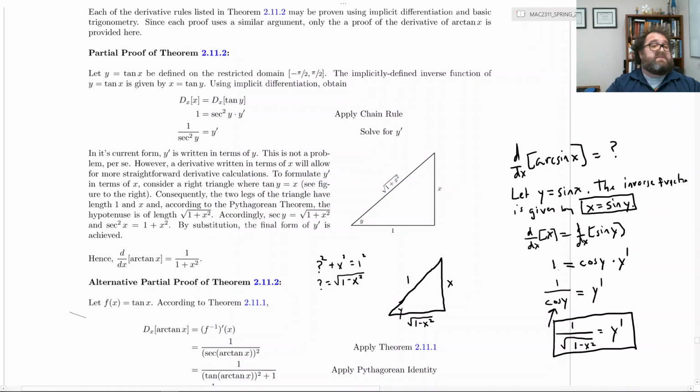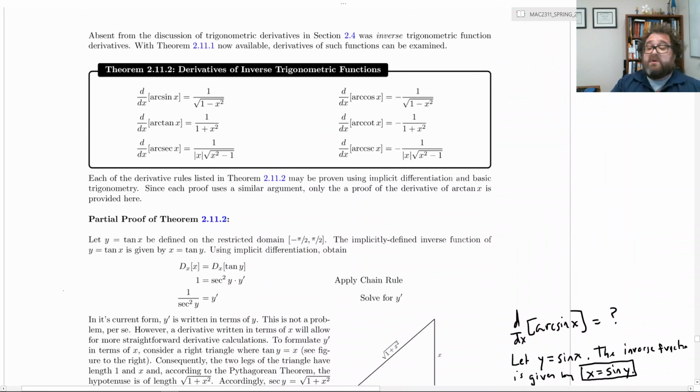So you can do all 6 in a very similar way. Now, let's get into some examples of using these. These 6 just need to be memorized. But notice, I put them in these columns in this order for a reason. Arc sine pairs up with arc cosine; the only difference is arc cosine is negative.